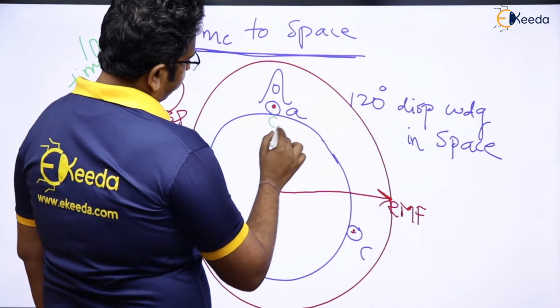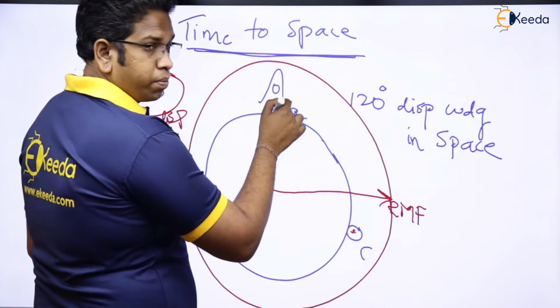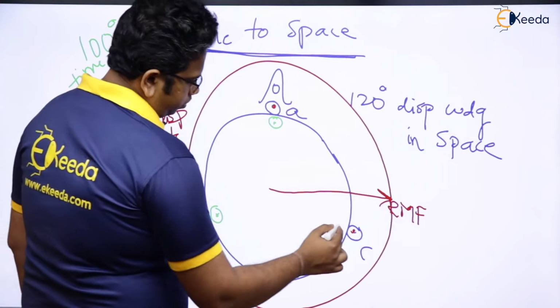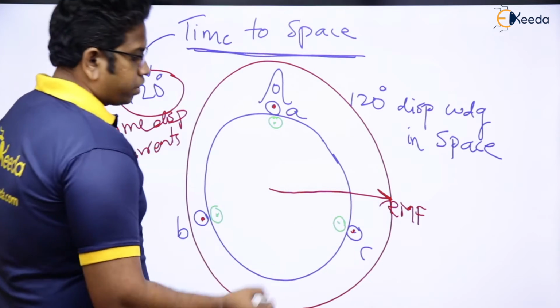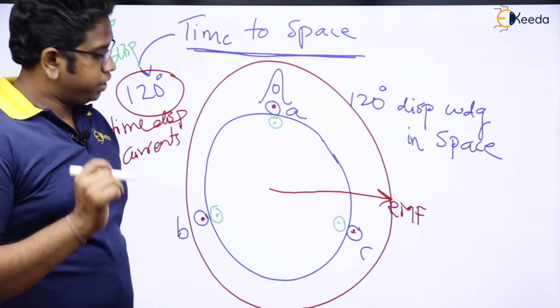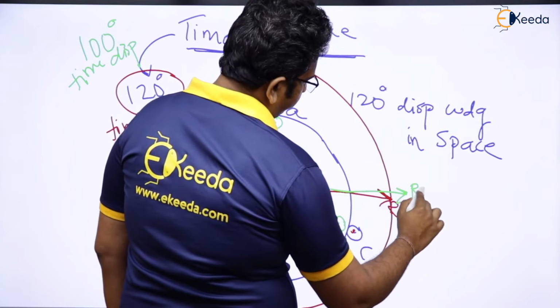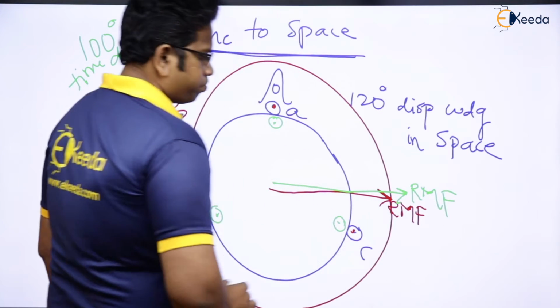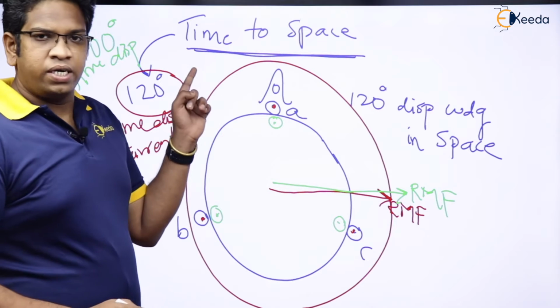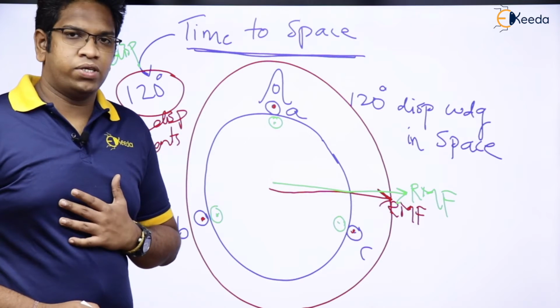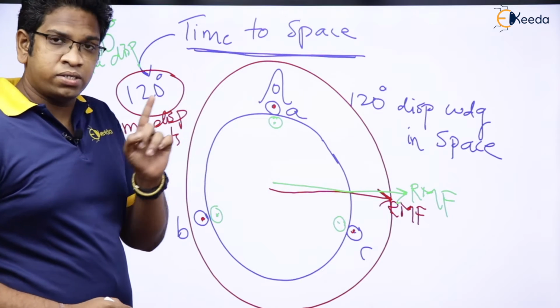Let me consider this as the same conductor only. This is green, and green is now 100 degrees displaced. In that case, I will have an RMF, no doubt, because it is displaced in time, right? It is not displaced by 120 degrees, I agree with you, but it is displaced by some angle.